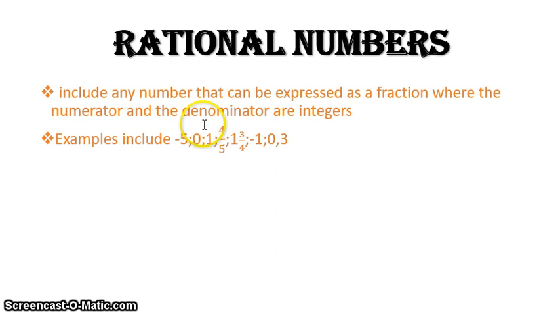Minus 5 is also a rational number where its denominator is 1. So all whole numbers and fractions are rational numbers. We exclude numbers that cannot be expressed as fractions.